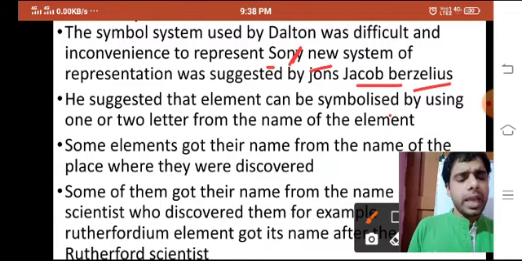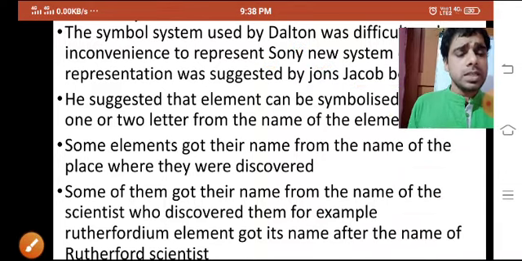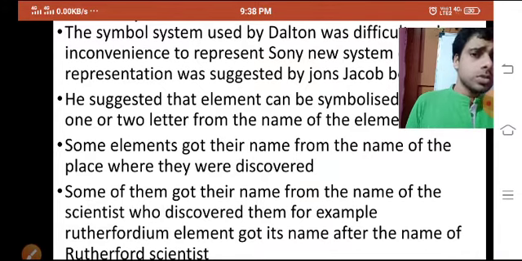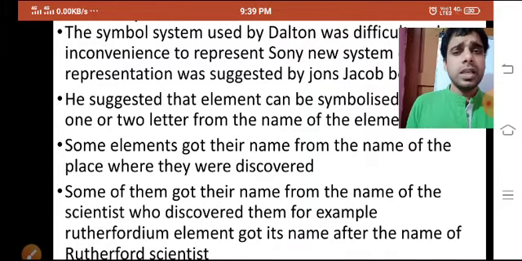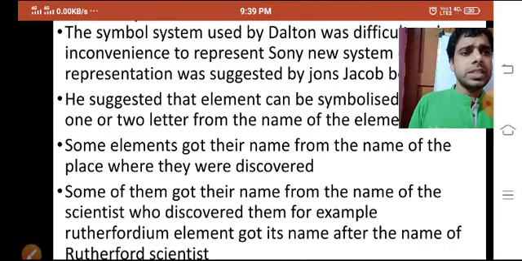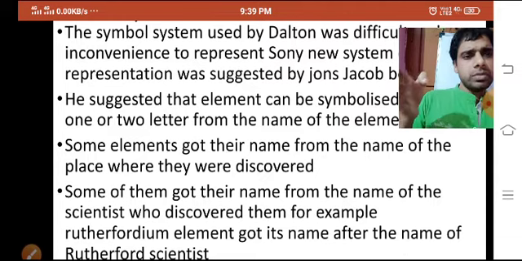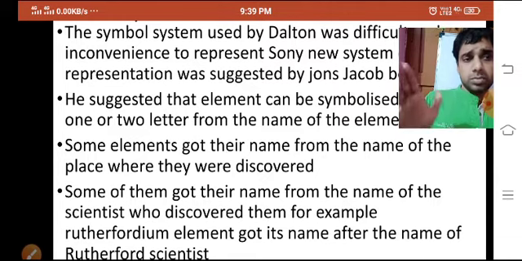You can also name an element after a scientist: Rutherfordium is an element in the periodic table, named in honor of the scientist Rutherford. Now hydrogen is there, and next is helium. Hydrogen is capital H, and helium also starts with H, so both are common.